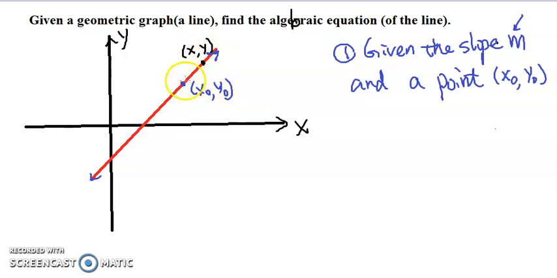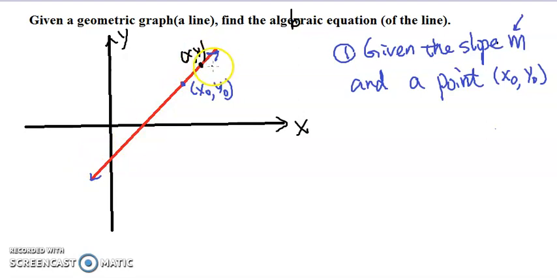But for most of the other cases, x, y and x0, y0 are different because this point can be moved anywhere. We can move it here, here, or there. So this x and y represent an arbitrary point in the line. So it could be anywhere in the line.